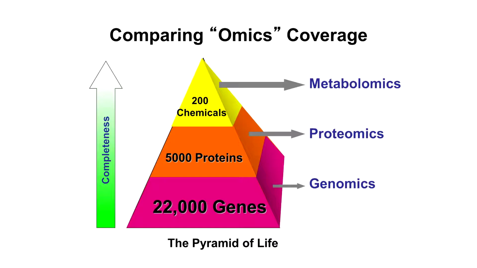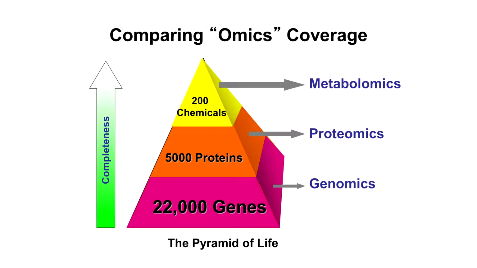In proteomics, standard techniques typically allow people to measure between 5,000 and 10,000 proteins quite routinely. In metabolomics, you're considered to be doing very well if you can identify and quantify 200 compounds. So in terms of the completeness of coverage, metabolomics still falls far behind what other omics techniques can do.